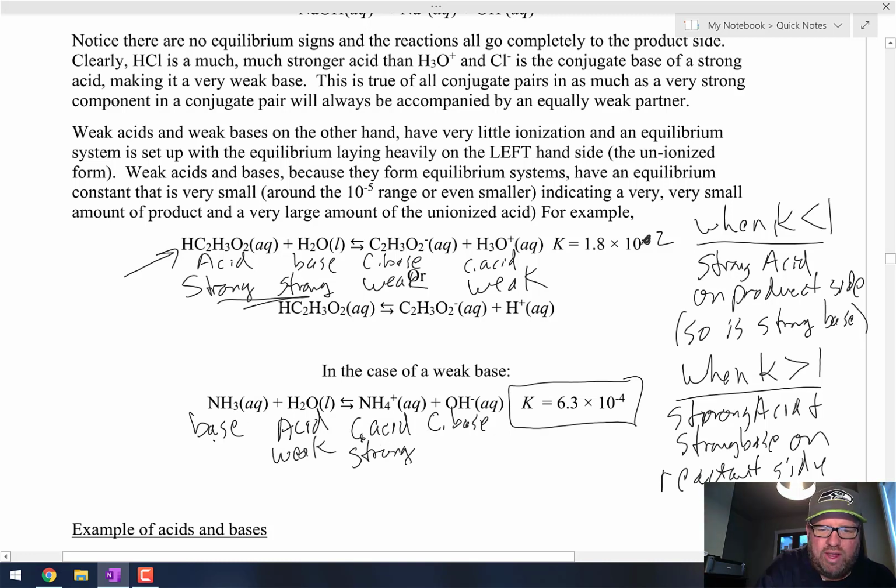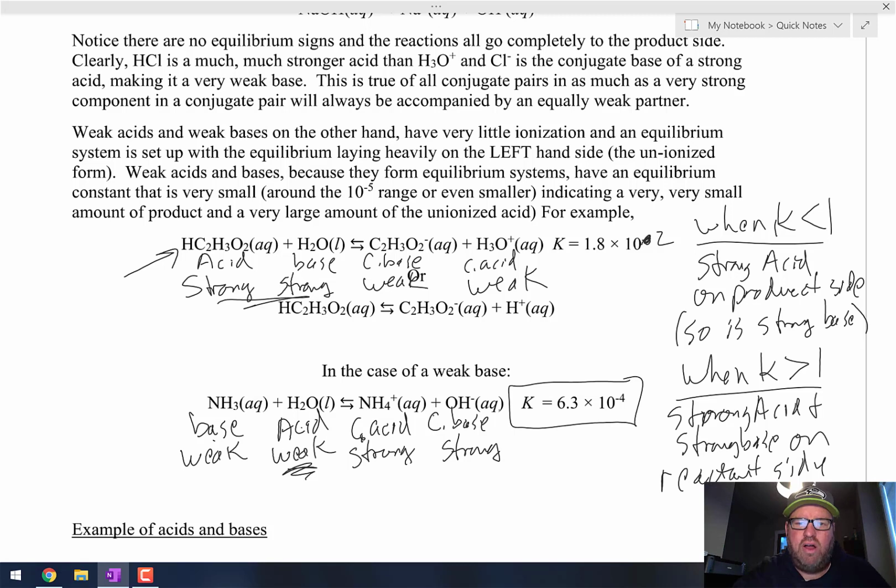And if the conjugate acid is strong, the base on the other side is weak. This acid here is weak, which means its base is strong. See how the strong acid and the strong base are again on the same side. The weak acid and the weak base are on the left-hand side in this case.